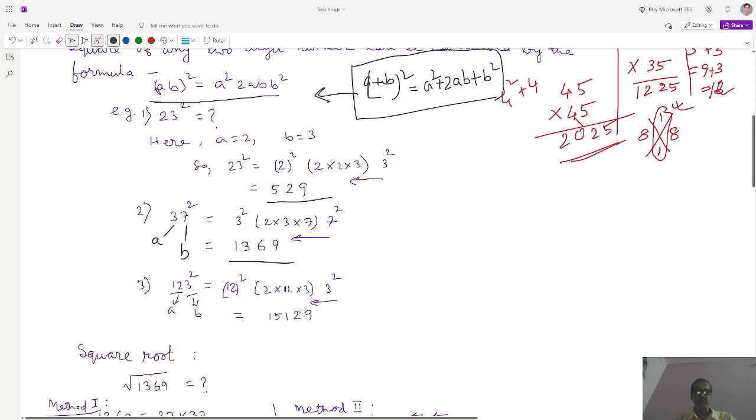Put 2 here and carry 7. 12 square, 144 plus 7, 151. So the answer will be 15129. This is the square value of 123.